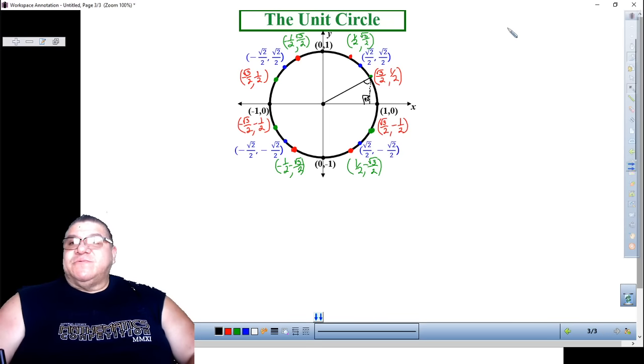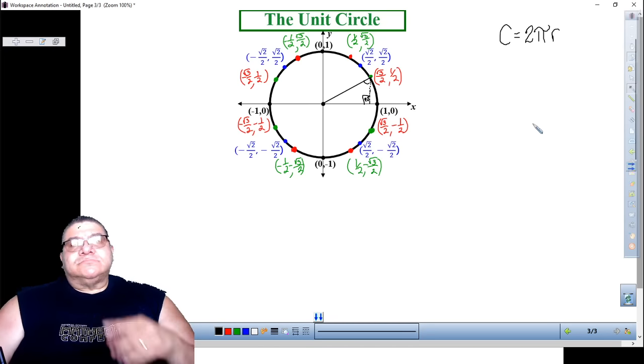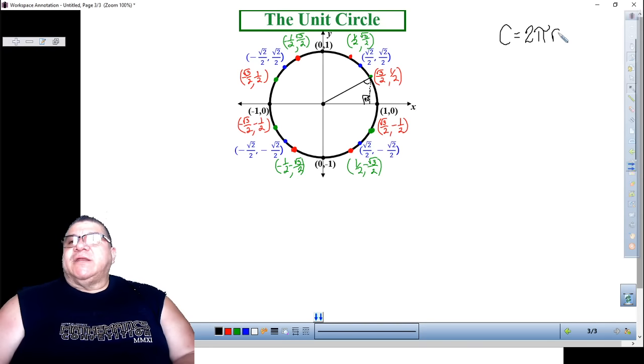So check this out. If I was to find the circumference, how do we find the circumference of a circle? 2 times pi times the radius, right? Okay. But what do we know right now that the radius is in the unit circle? 1. So if we substitute 1 in here, doesn't it kind of disappear, because 1 times 2 pi is what? 2 pi. So this ends up being circumference equals 2 pi times 1, which is circumference equals 2 pi.